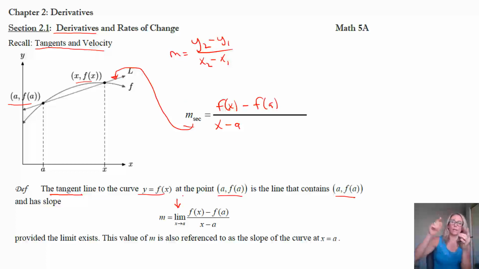And that's because you're looking at what happens as the distance between those 2 points on the secant line gets closer and closer, because basically they get infinitely close to one another, and now you just have 1 point, and that is where that line is touching the function. So this is true provided that the limit exists, and another way we can say it is that it is the slope of the curve at x equals a. So again, it is just on the curve, 1 point.